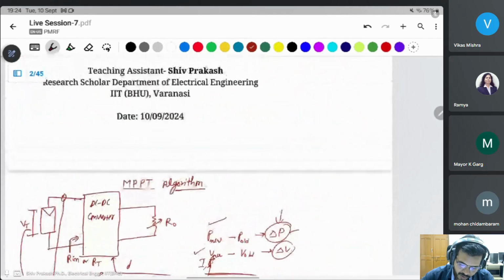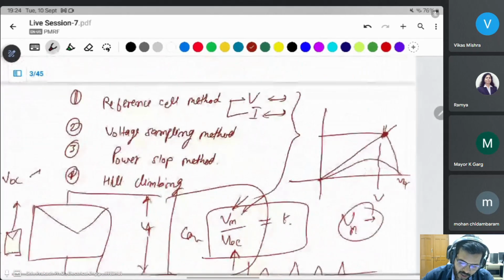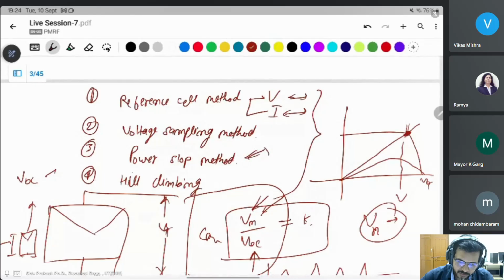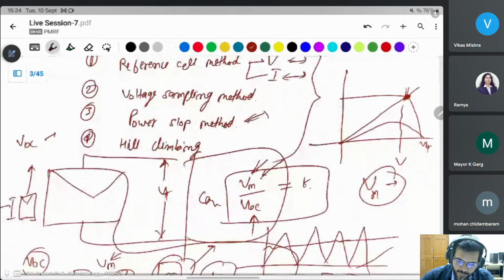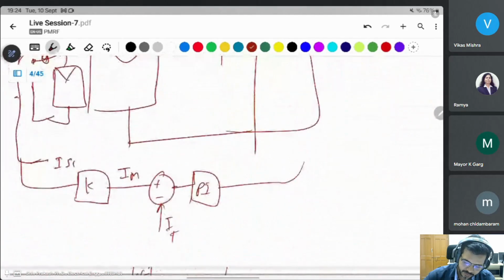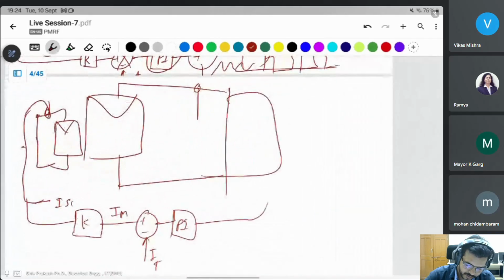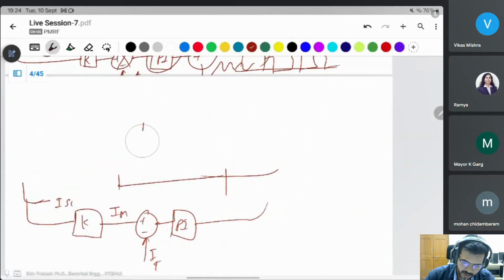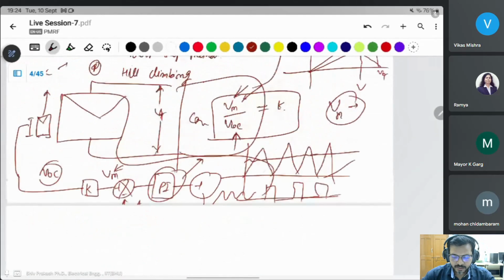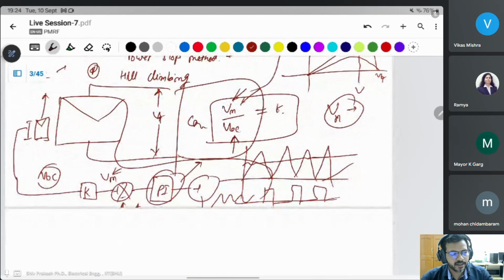And if you talk about the others, power slope method, it means tracking the power of this one.